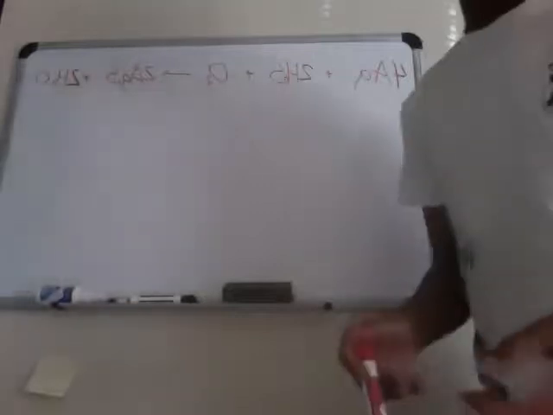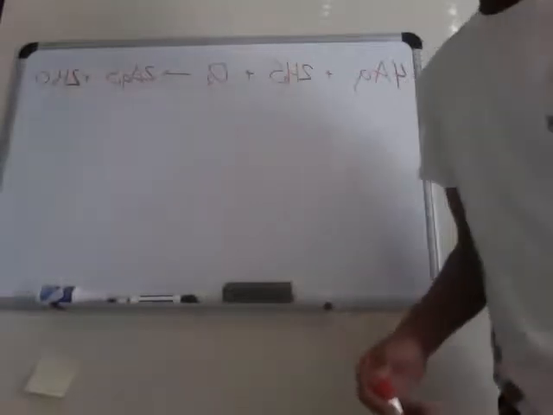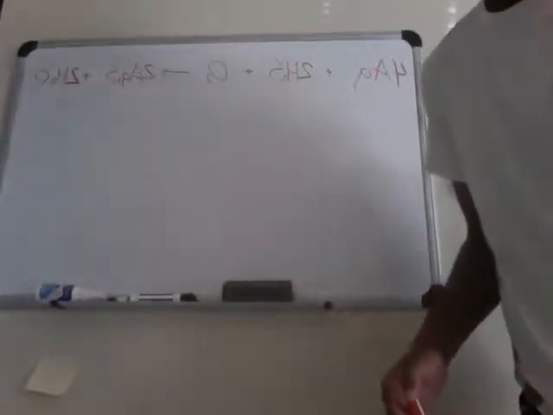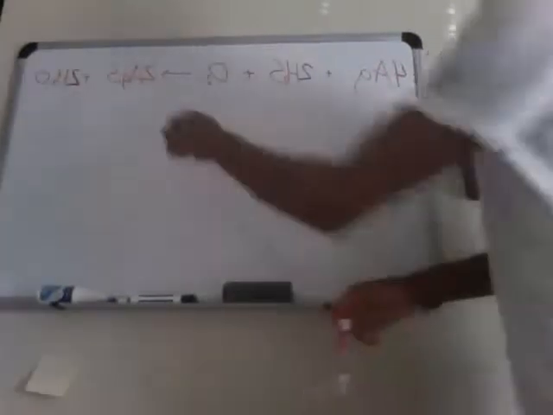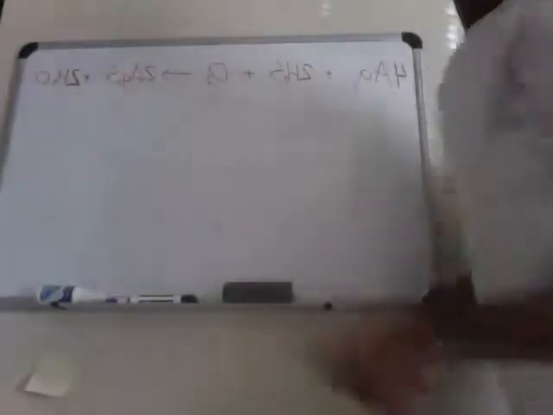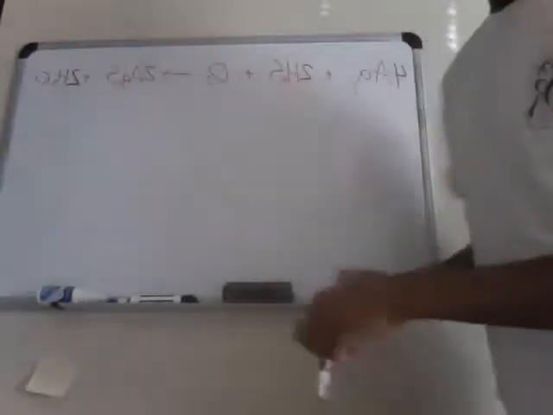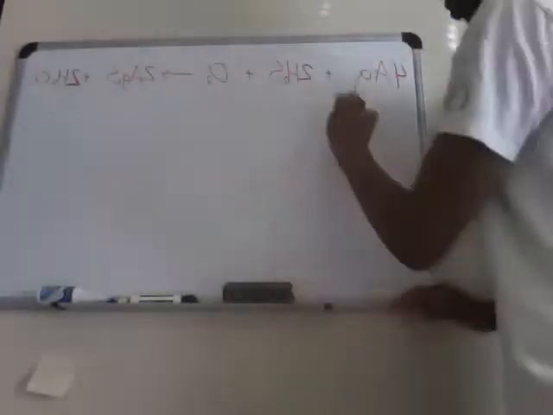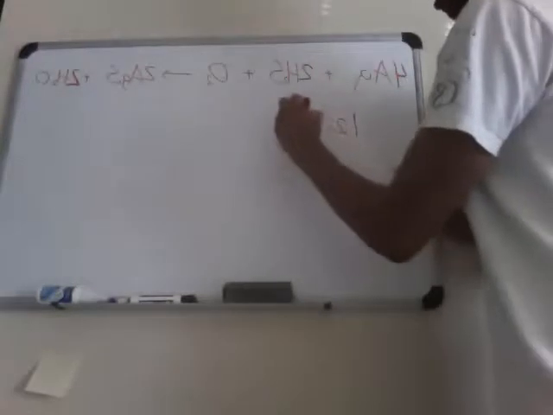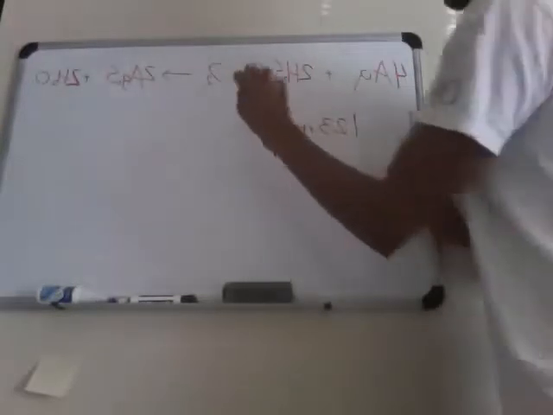Okay, so the problem asks: what weight of silver sulfide can be made from 1.23 milligrams of hydrogen sulfide?